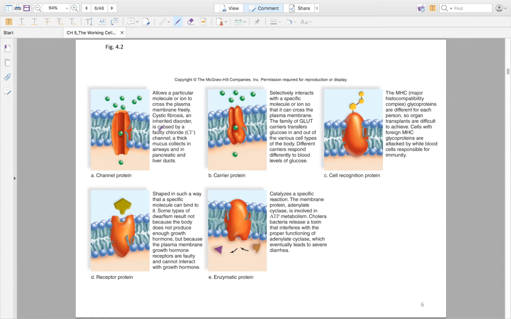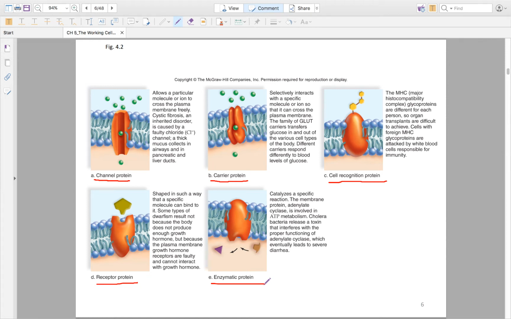Okay, now that's where these guys come into play. We have proteins that are embedded into the membrane. Remember, we called them integral proteins earlier. Now, to be more specific, we have one called a channel protein, a carrier protein, a cell recognition protein, a receptor protein, an enzyme protein, or enzymatic protein.